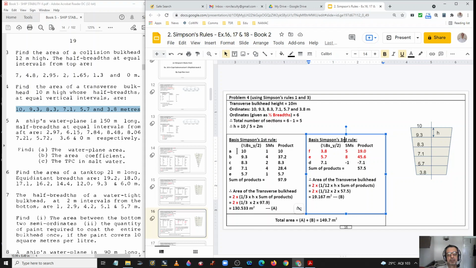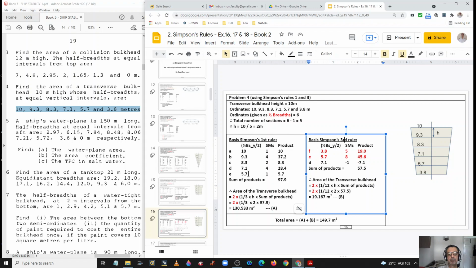In Simpson's first rule, I'm going to find the area between the ordinates A, B, C, D and E. And using Simpson's third rule, I'm going to find the area between the ordinates F and E. So using Simpson's first rule, 4 columns, the ordinates A, B, C, D, E. Semi-ordinates as given to us in the problem, 10, 9.3, 8.3, 7.1 and 5.7.